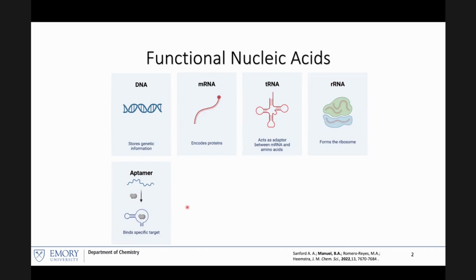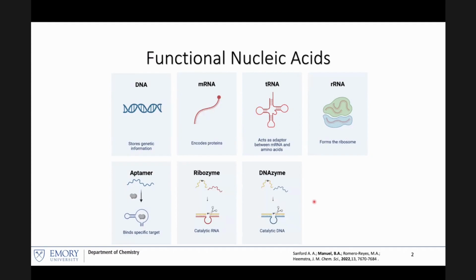But if you throw something else in there, let's say cocaine, which I'll be talking about, this caffeine aptamer won't bind cocaine, so it will stay in this form here. So again, aptamers are small, single-stranded DNA or RNA that are capable of binding a specific target. And this will be that aptamer portion in my title.